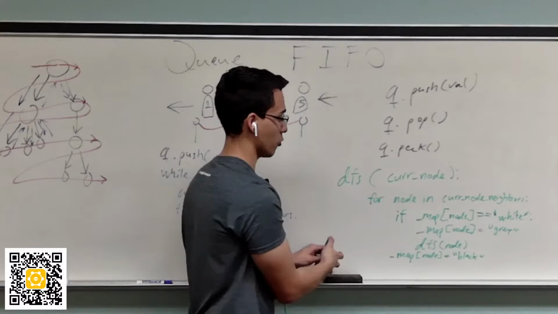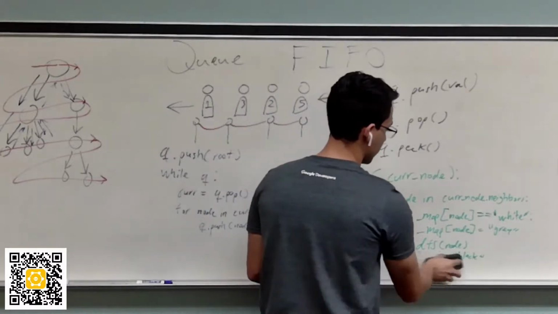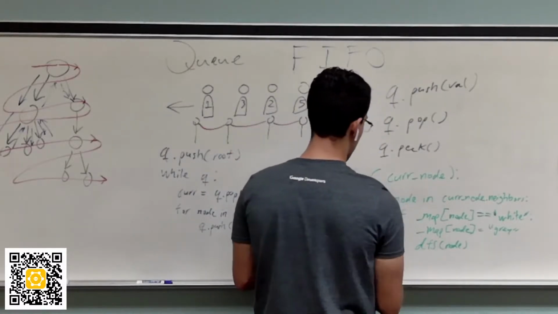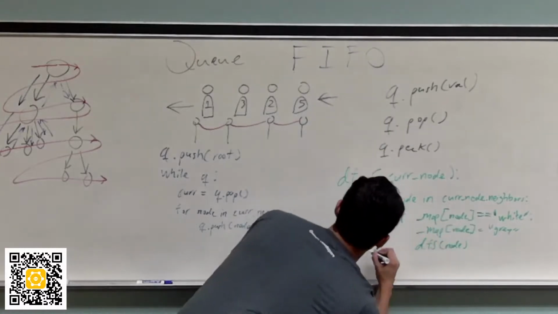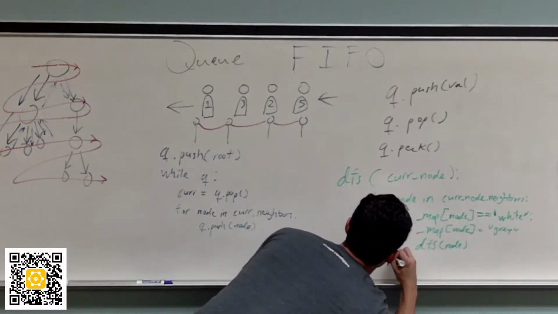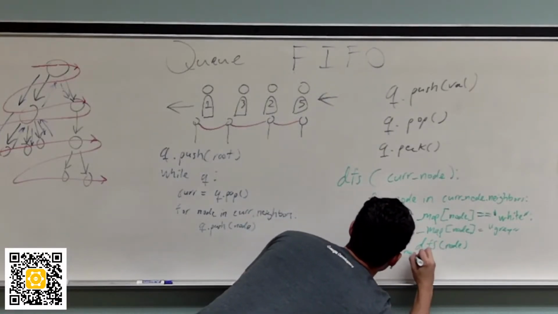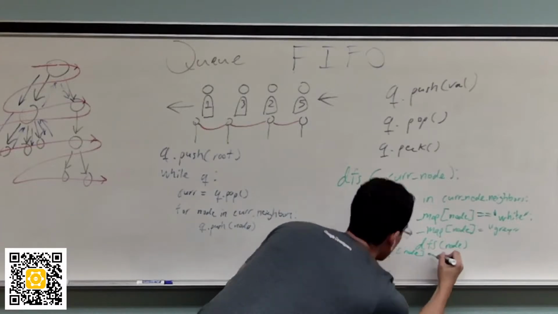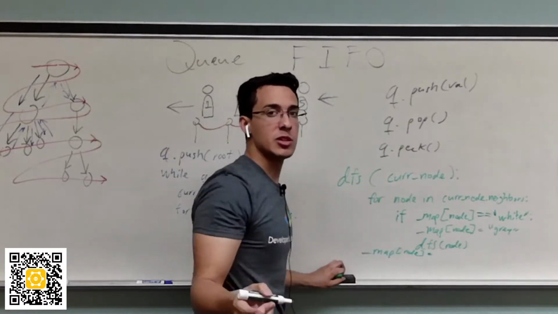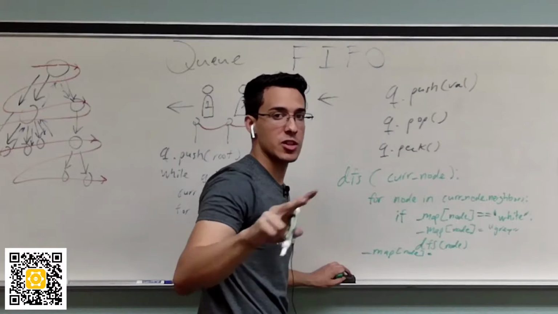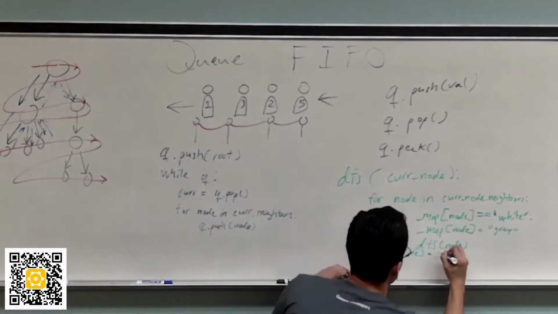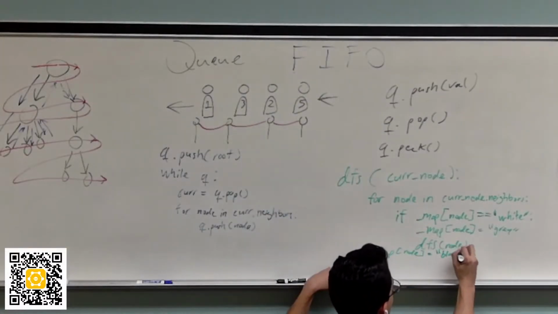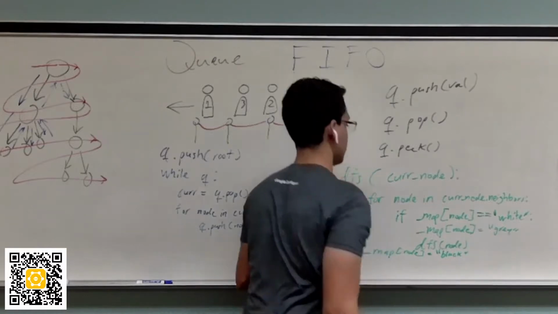So actually, we're both wrong about where to make it black. Outside the for loop means we're done with the node, and presumably its children too, its adjacent neighbors. Make it black.